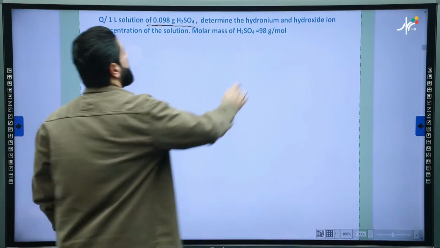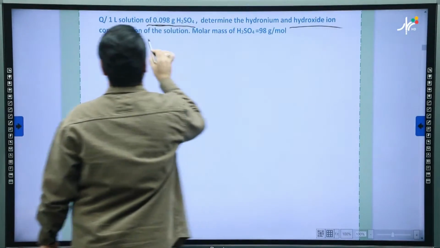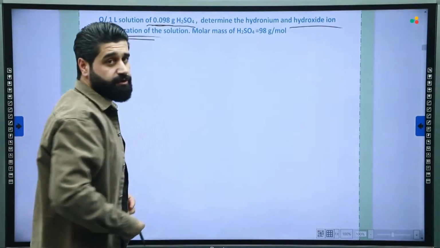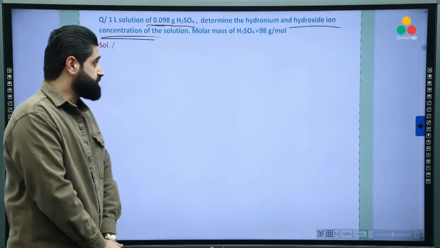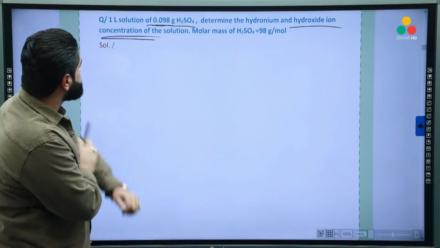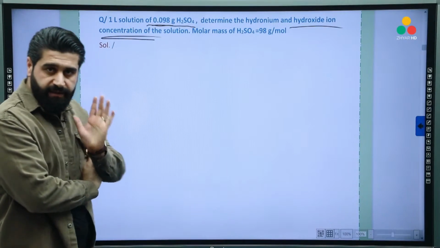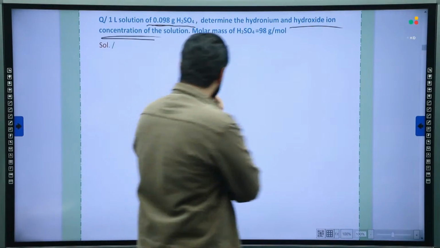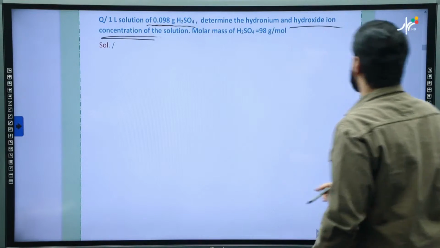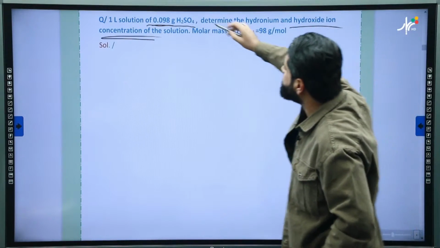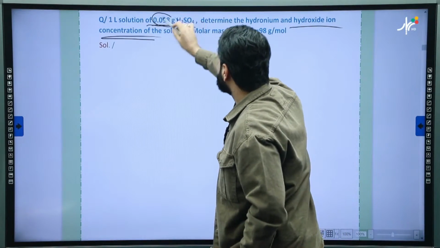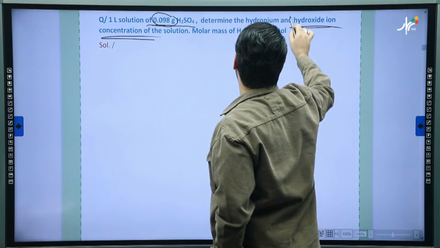Determine the hydronium ion and hydroxide ion concentration. We have a solution prepared by dissolving 0.098 grams of H2SO4. How can we get the hydronium and hydroxide ion concentration in this kind of question? First of all, the given is grams. The unknown is hydroxide.